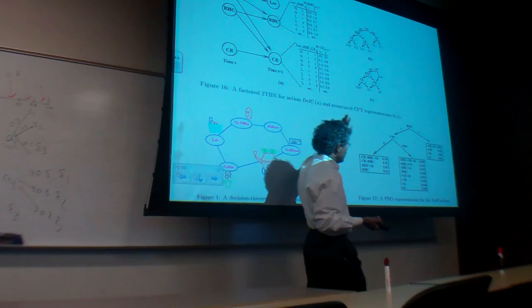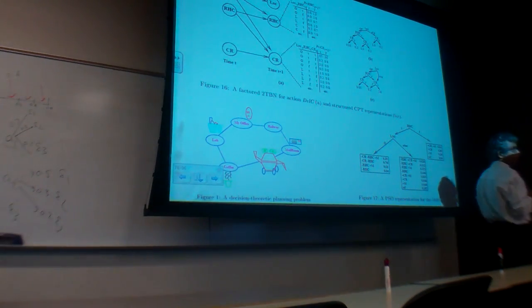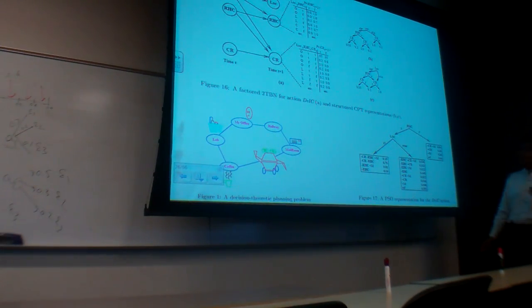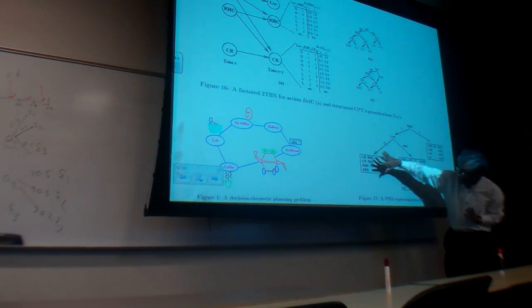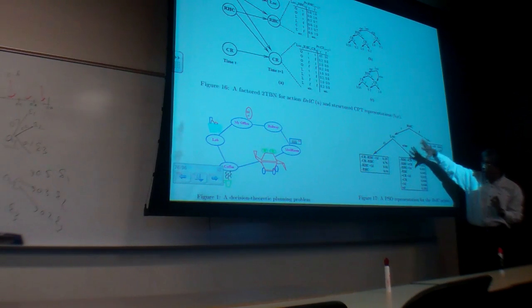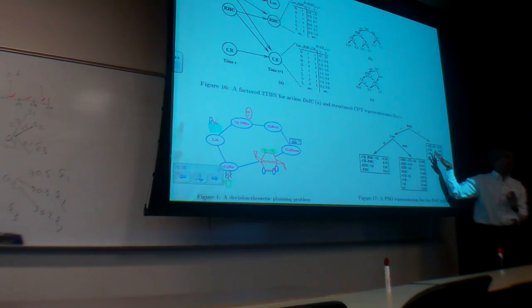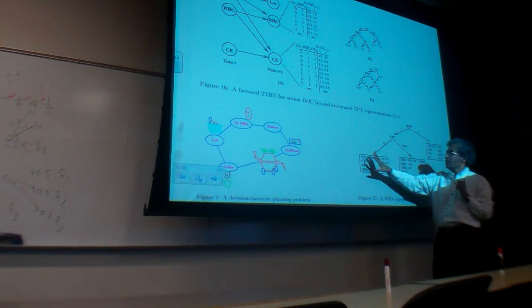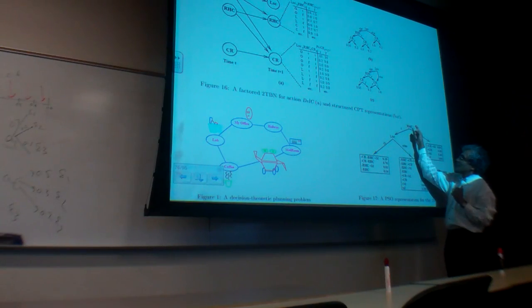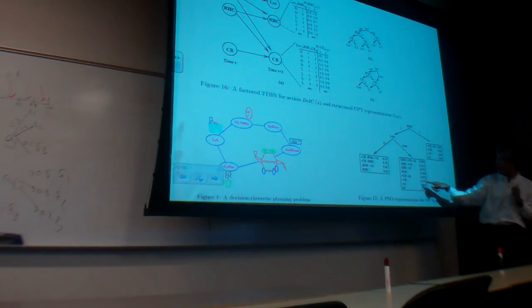The other type is more like a STRIPS representation, where you say, when you do this action, it will have this set of effects, or this set of effects, or this set of effects. They're split into mutually exclusive and exhaustive sets of effects, and then you say this set of effects will occur in this branch, this set will occur in this branch.